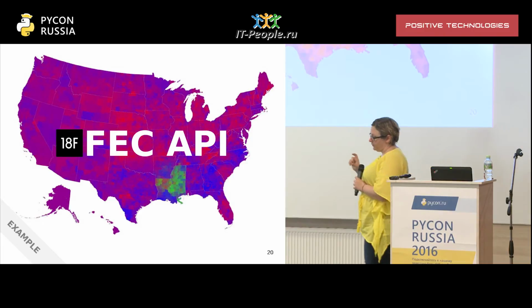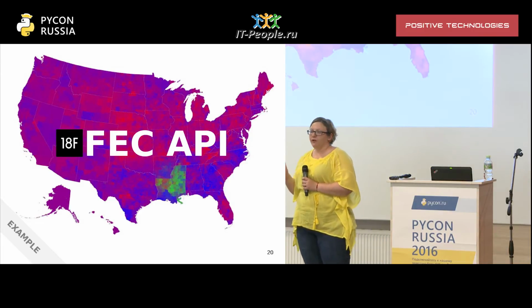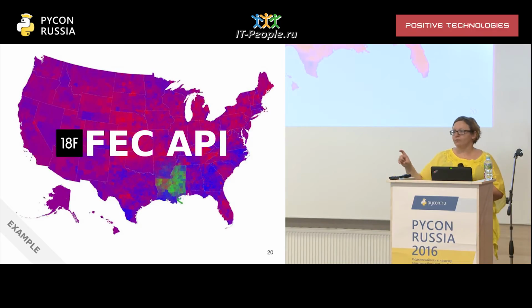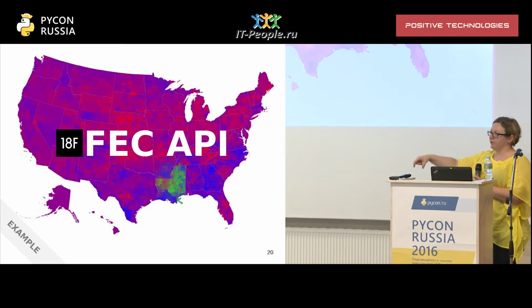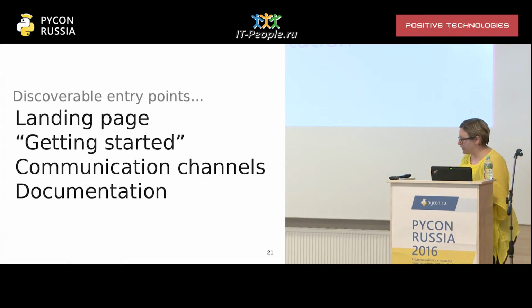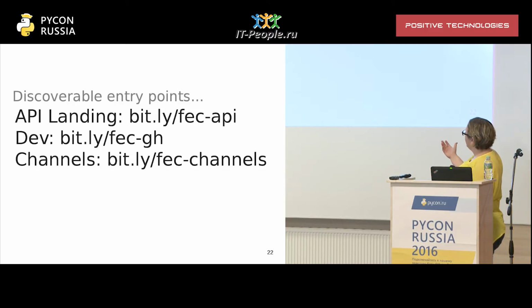In the US, this provides data for federal elections based on campaign contributions, so who gave what money to whom and which political candidate. And they make it very easy to use their API and to discover how to enter it and to get involved with it by basic things like a landing page, getting started, documenting their communication channels, and providing clear documentation. You can find these all online.